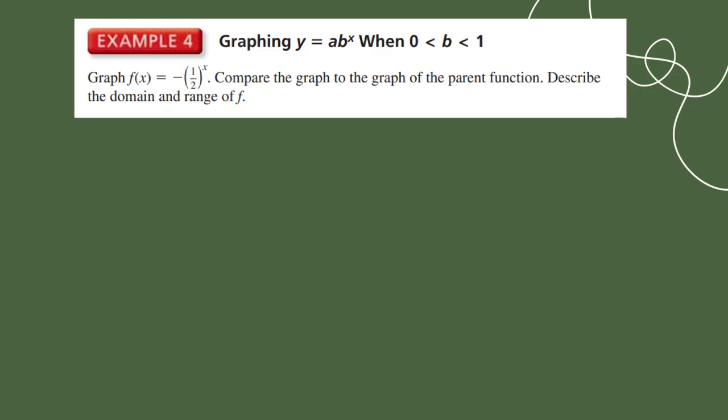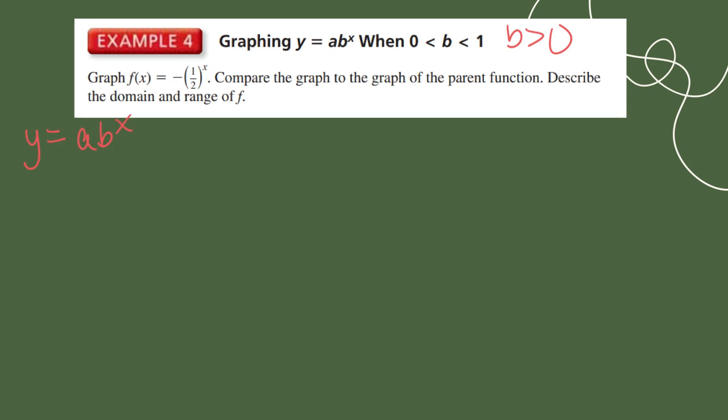So before, where b is greater than 1, our lines were going this way, correct? Now we have where 0 is less than b and b is less than 1. So now our lines are going to go the opposite way. Let's look at what it is. I already know that this is y equals a times b to the power of x.